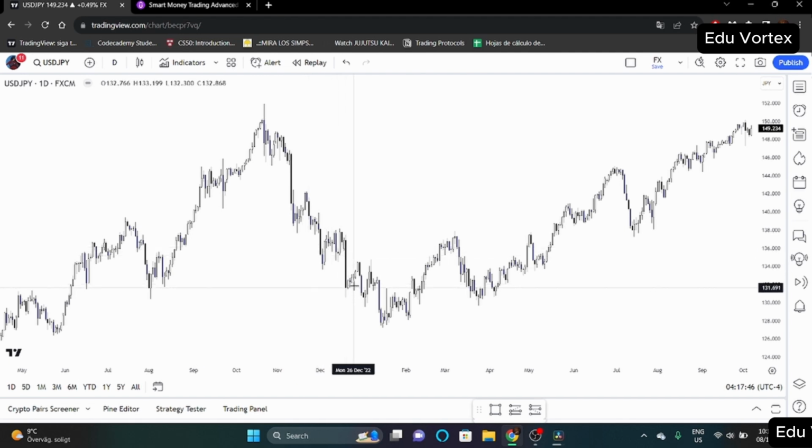Accumulation, accumulation, another phase of accumulation, reversal right here, expands, accumulation, accumulation, reversal.